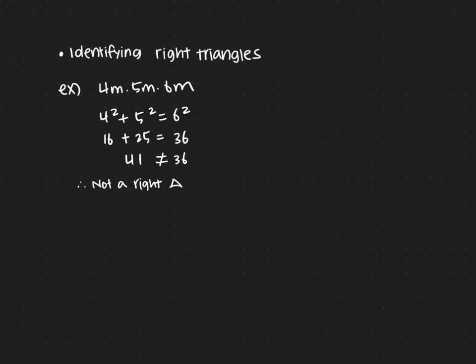However, if you are trying numbers such as 6, 7, and square root of 85, you're going to put square root of 85 as the biggest number because it's going to be somewhere in between 9 and 10. So you set up your equation as 6 squared plus 7 squared equals square root of 85 times square root of 85, which is going to be just 85.